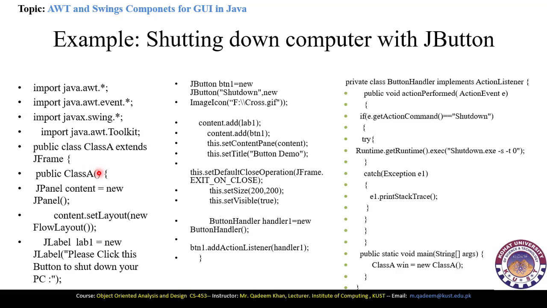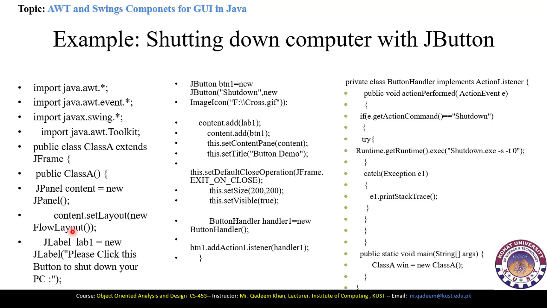Now inside the body of the constructor, we have first created the object of the JPanel. JPanel contains new JPanel. The JPanel contains all those controls which will be placed inside of the window. Then we have the flow layout here, content.setLayout(new FlowLayout).